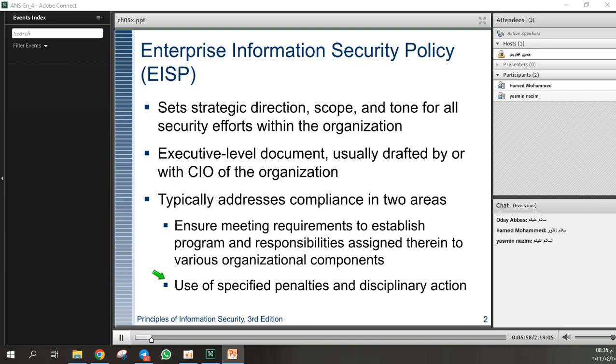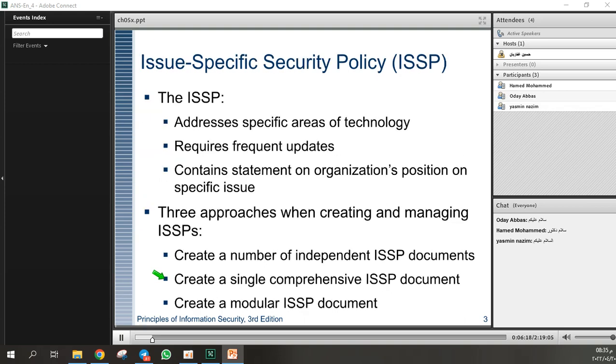Okay, we need to define those penalties and disciplinary actions for those people, those employees who don't want to act based on those policies. Okay, we need to focus on this area. Okay, so I need to prepare those policies.